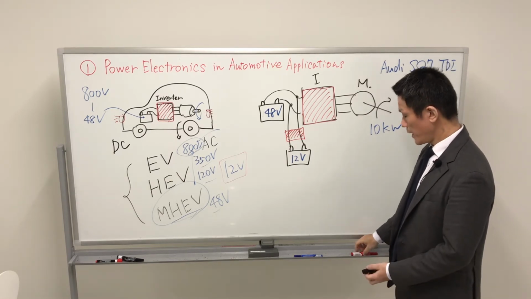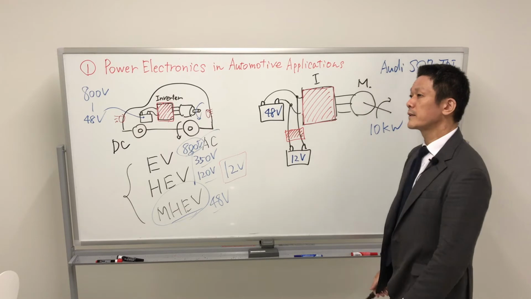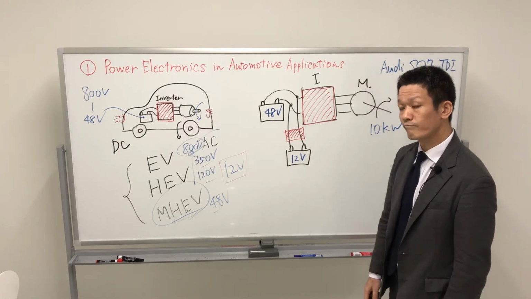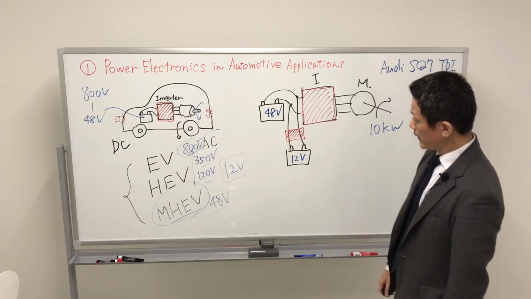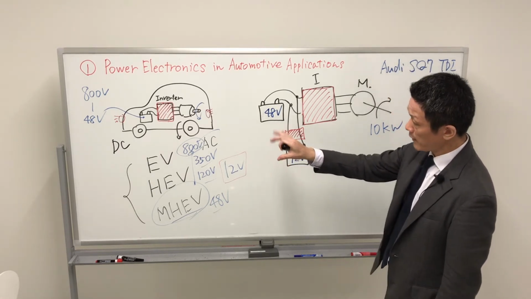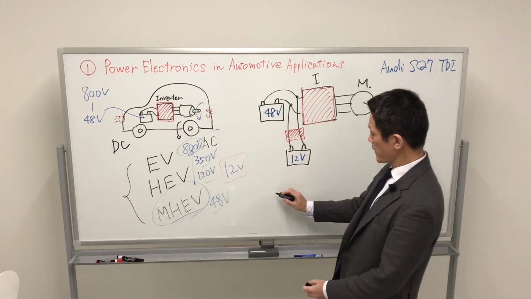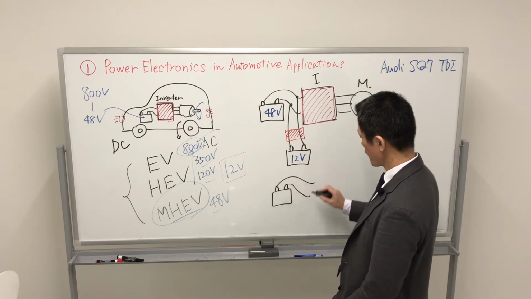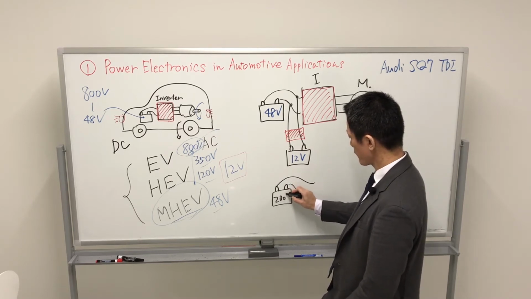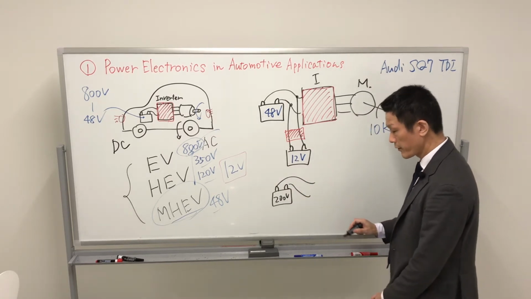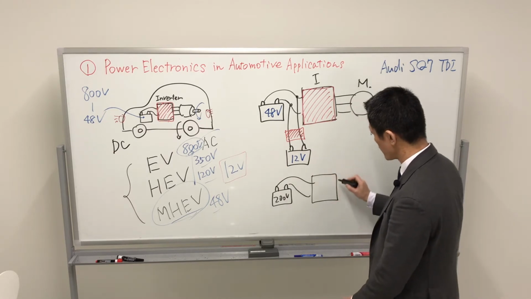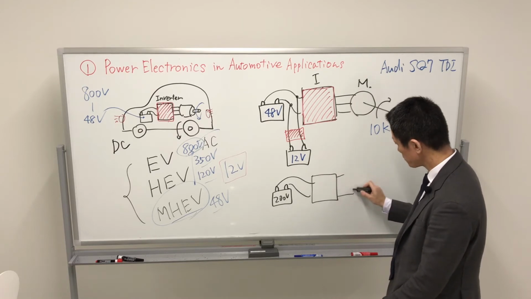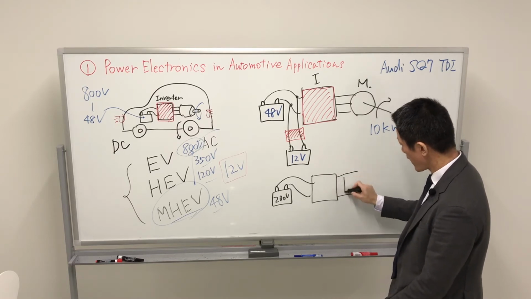And in case of Toyota, a very famous Japanese car company, Toyota's automotive system is around 200 volts, but they have inserted a boost chopper power electronic system, and they require a higher voltage.